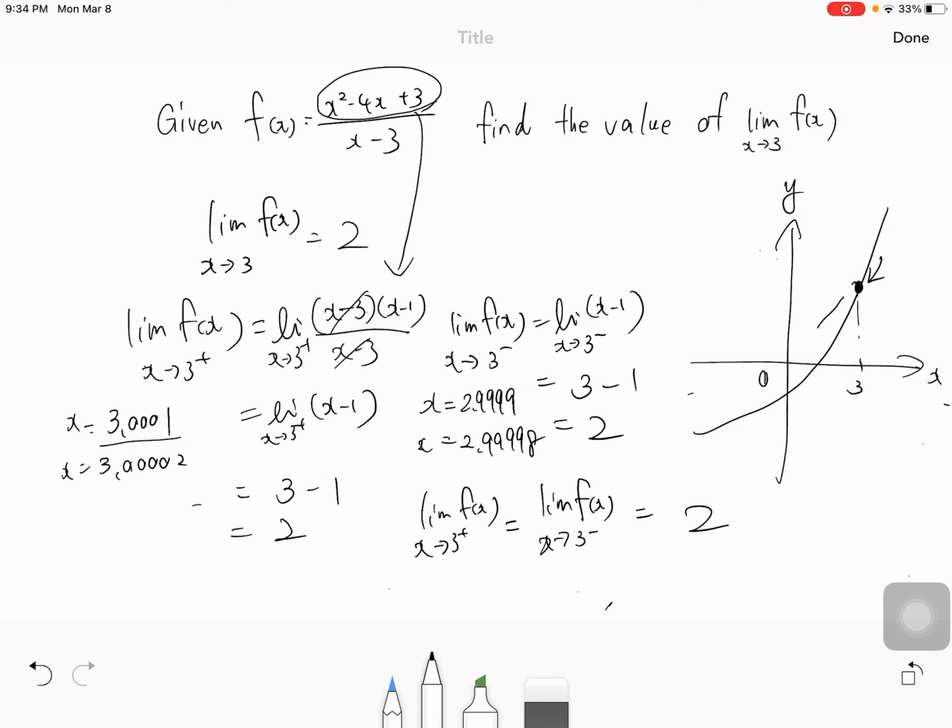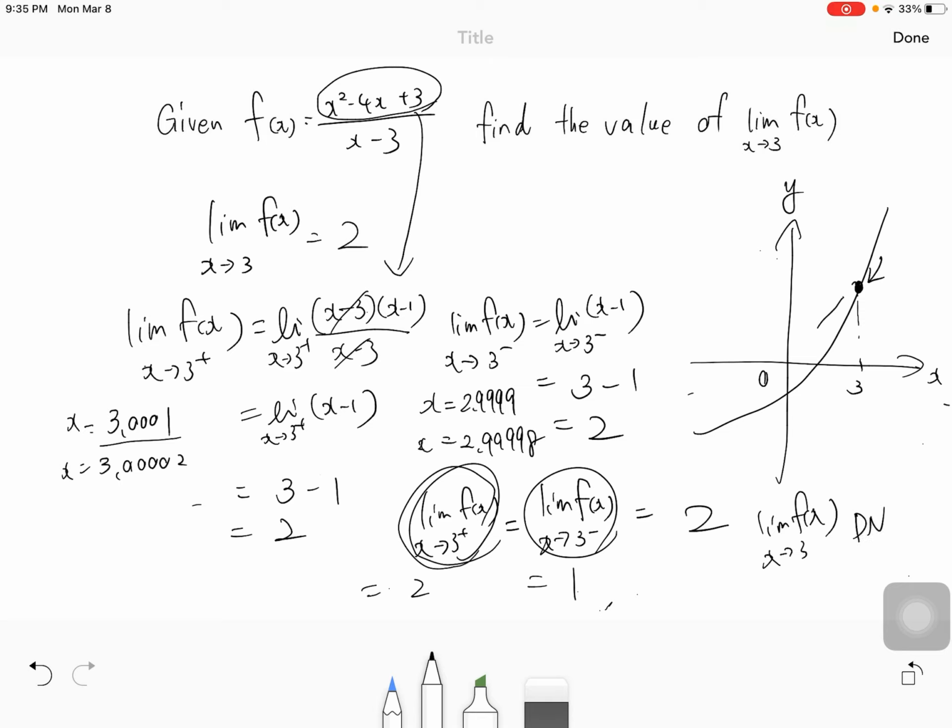If the value of this and the value of this are different, the limit of f of x as x approaches 3 is not going to be 2. In this case, for example, if the value of this is 2 and if the value of this is 1, the limit of f of x as x approaches 3 doesn't have any value.